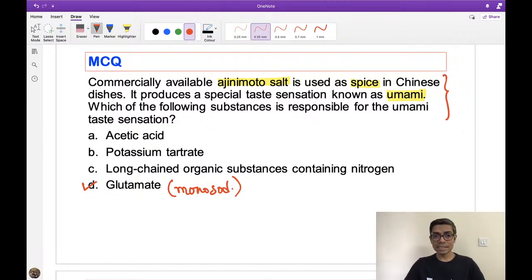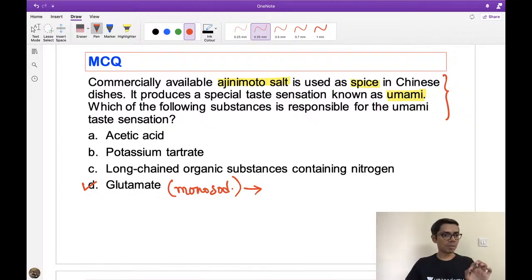And what is the chemical? The chemical is nothing but monosodium glutamate, which is basically an excitatory neurotransmitter in your central nervous system, right? Now here I have to remember that this glutamate gives this umami taste sensation. This is due to which receptor stimulation at the level of the taste bud or taste cell? Which receptor are they going to stimulate to give you this kind of umami taste?